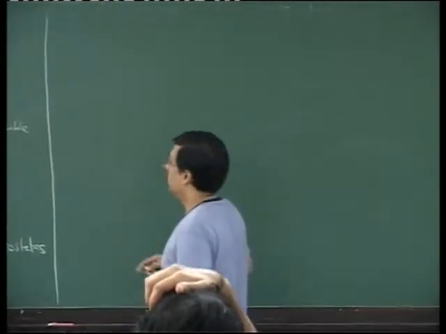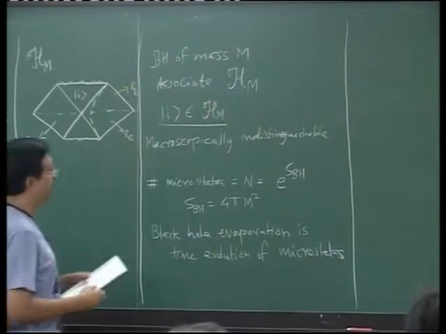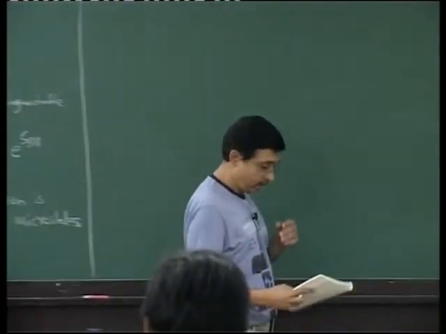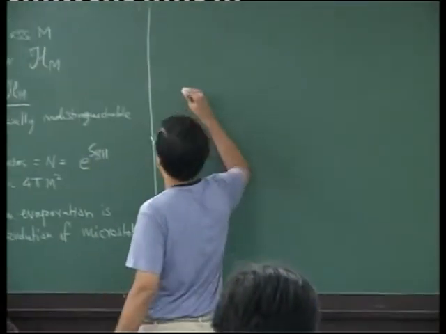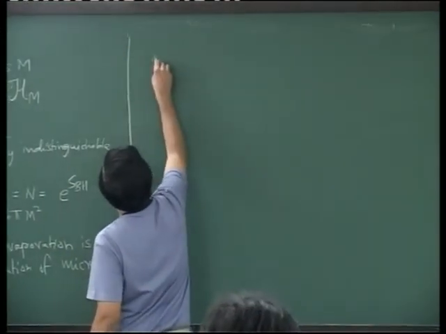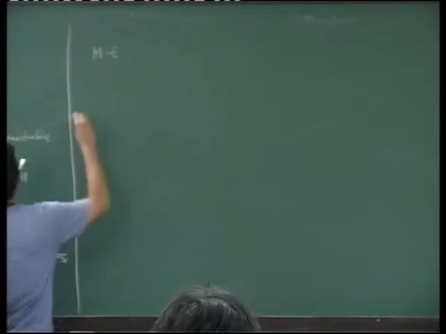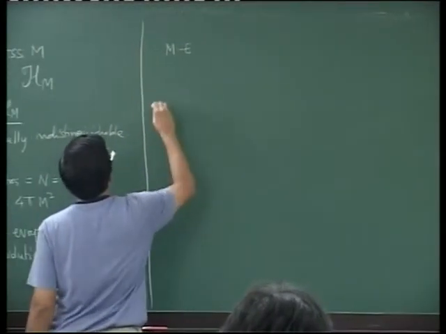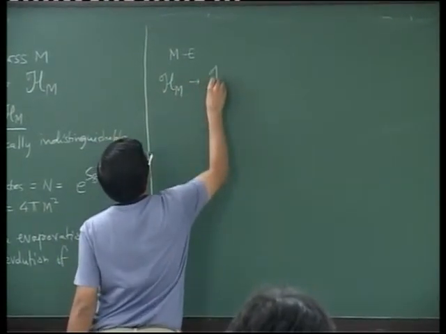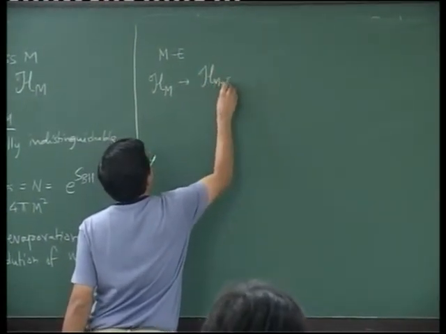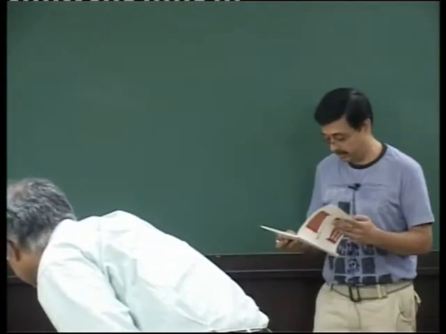So suppose you look at this state and you wait for some time, then it is going to emit a quantum, and suppose that quantum is of energy E, then you go to a state carrying energy M minus E. So this is the mass of the black hole. One is looking at a setup where you go from H_M to H_{M-E}, where E is the energy that has been emitted in the radiation.